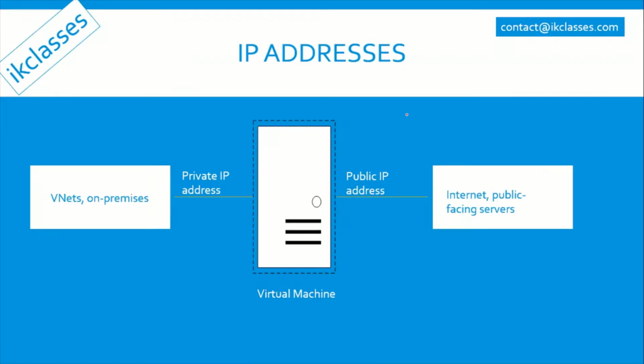Before going to the portal and creating virtual networks, let's get ourselves acquainted with the types of IP addresses we'll get in Azure. We'll be getting two types of IP addresses: private IP addresses and public IP addresses.